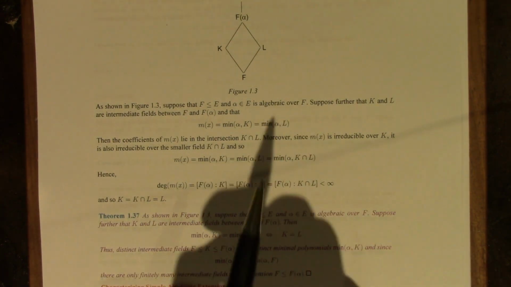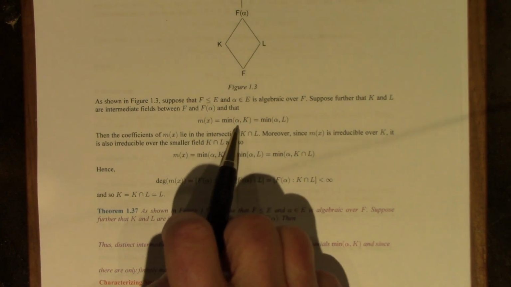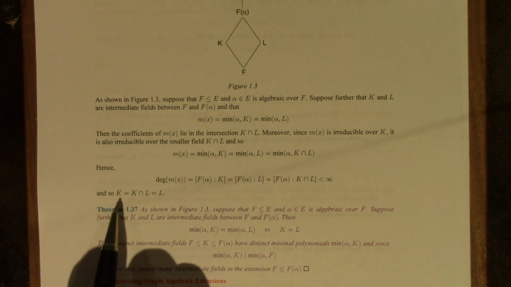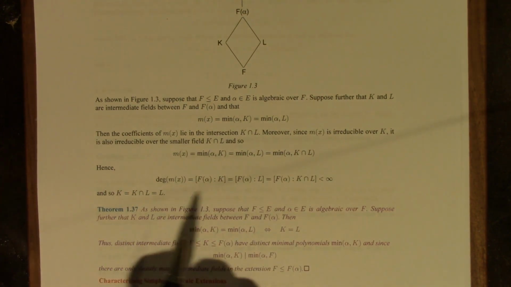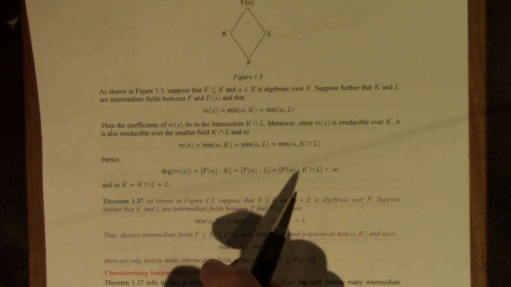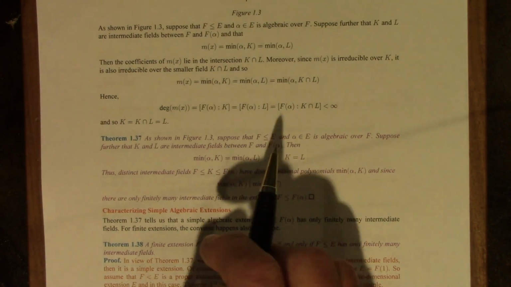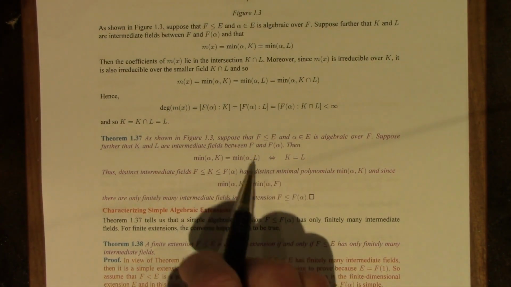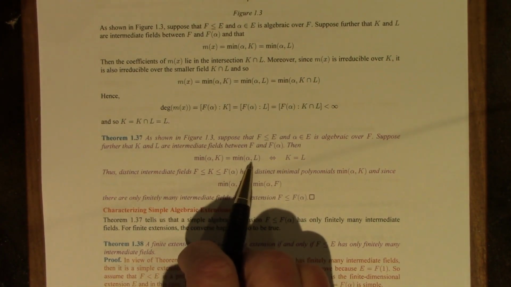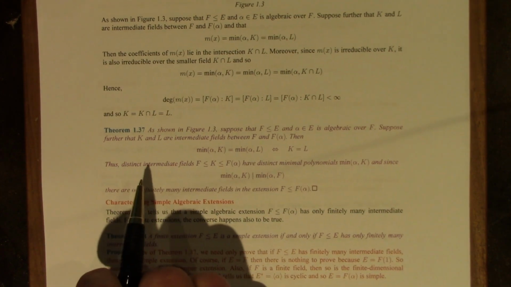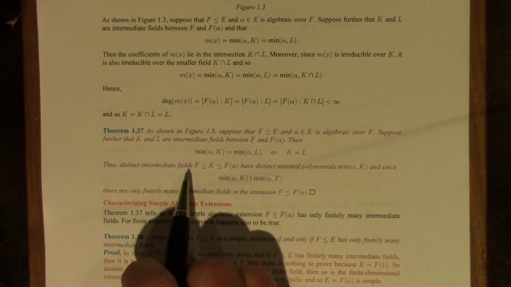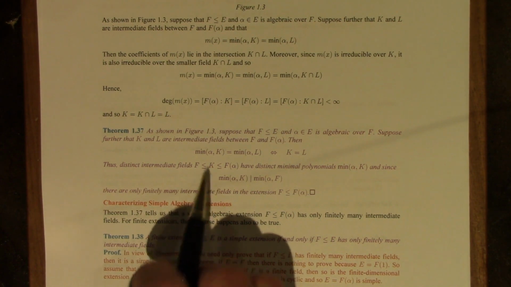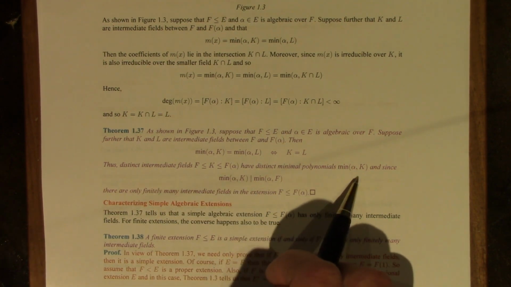So the upshot of this is if the minimal polynomials of alpha over K and L are the same, then K and L are in fact the same intermediate field. Okay, so that's the statement of this theorem. And therefore, distinct intermediate fields have distinct minimal polynomials.